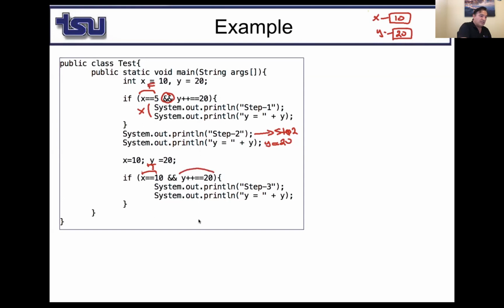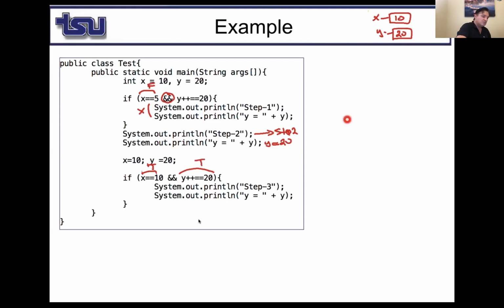So it is y plus plus, right? Plus plus comes after y. That means first I'm going to use y, then increase by 1. Using y means comparing y to 20. Y was 20. Is 20 equal to 20? This is also true. And I will increase y by 1.